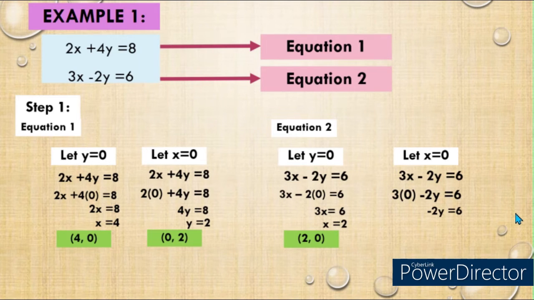We need to divide both sides by negative 2. So we have negative 2y divided by negative 2 is equal to y. And 6 divided by negative 2 is equal to negative 3. So magiging ordered pair natin ngayon dito if x is equal to 0 and y is equal to negative 3. So we have 0 and negative 3.